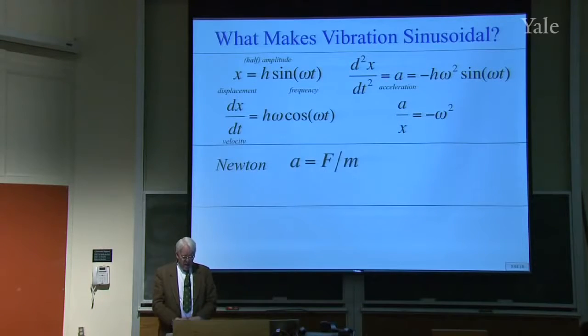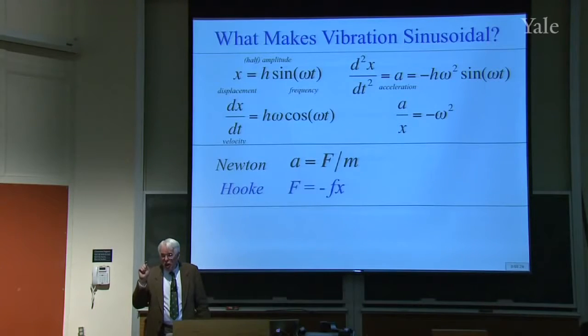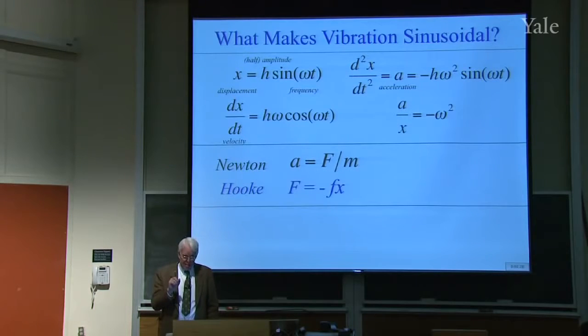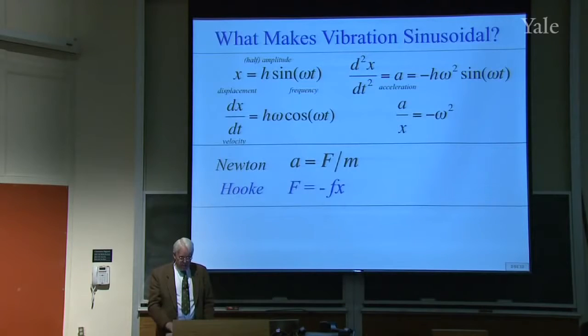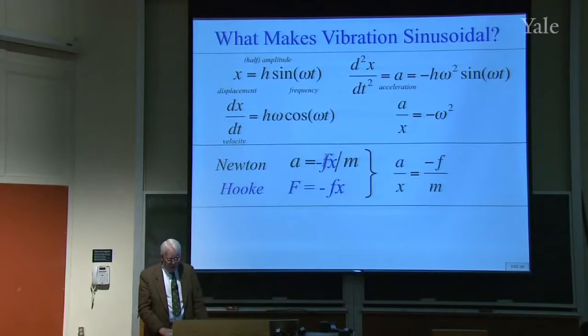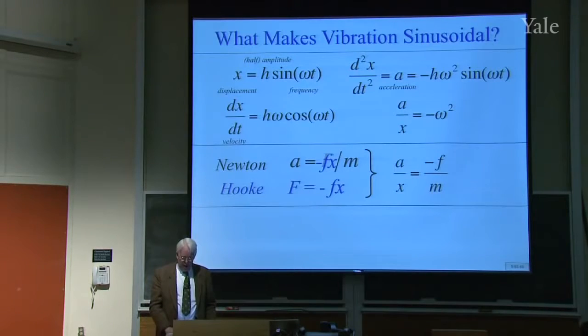Now, Newton said that acceleration is force over mass, and if things are obeying Hooke's law, then the force is proportional to the displacement. And that means we can substitute in Newton with the force being minus Fx, right? And we get that A over x is minus F over m, and A over x we already knew is minus omega squared.